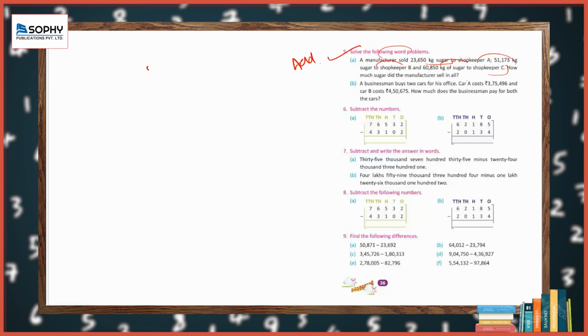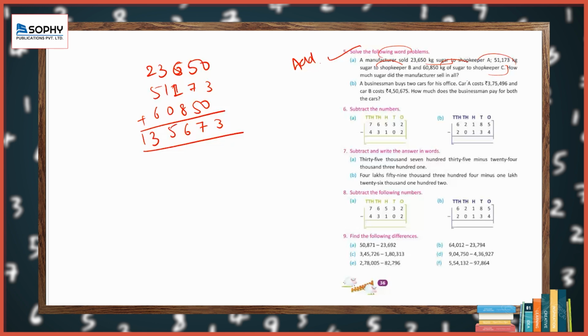So 23,650 and 51,173, and after that we have 60,850, students. So when we add all of them, the answer we get is, very good, students, 673. Here we have 5 and 13. So 1,35,673 kilograms of sugar the manufacturer sold in all.